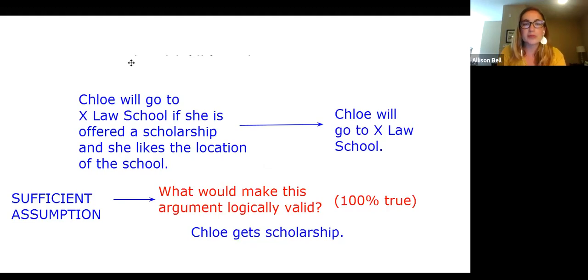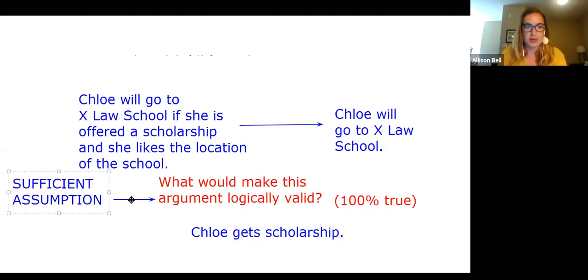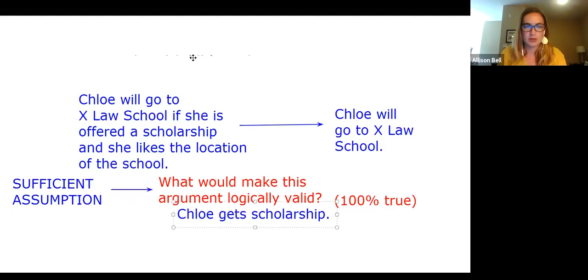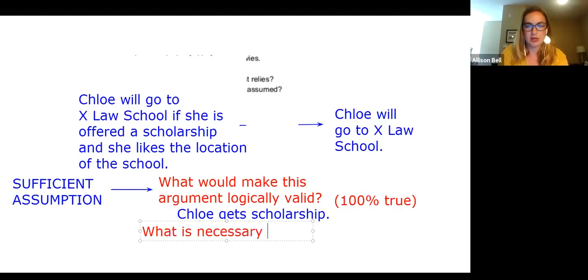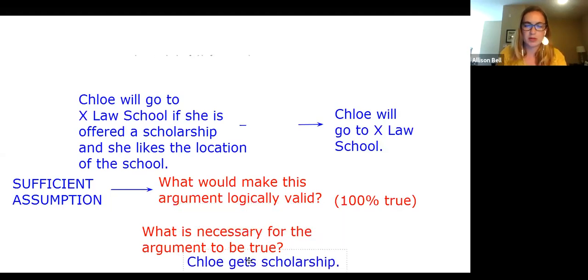But what if we change the question a little bit? So I'm going to give you a new question. What if instead we say, what is necessary for the argument to be true? So let's say I take this answer, Chloe gets the scholarship.